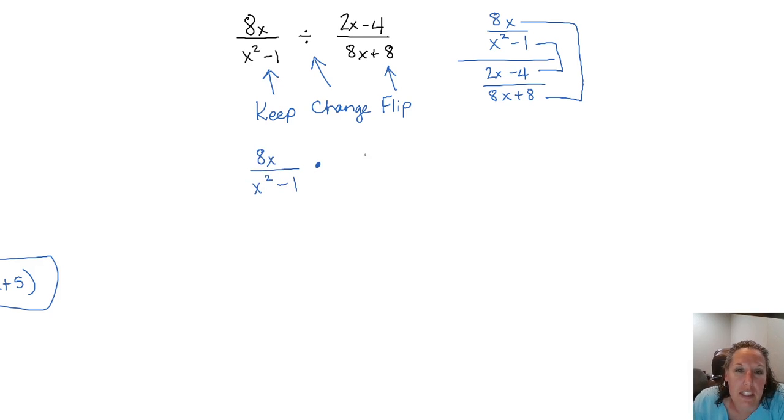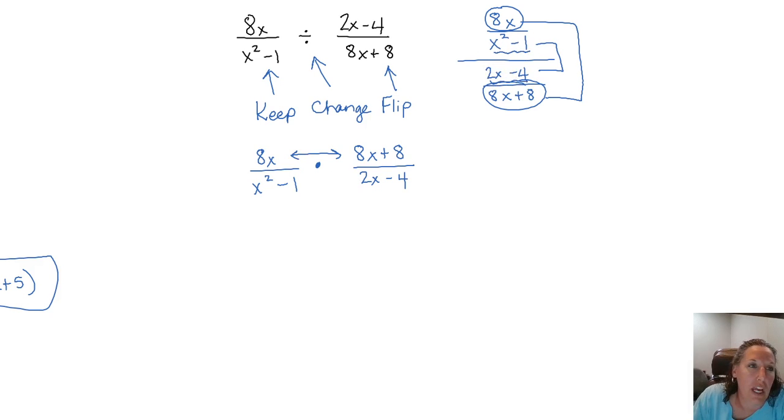So the 8x plus 8 that was in the denominator is now going to be in our numerator, and the 2x minus 4 that was in the numerator is now in the denominator. And you see that if we multiply the outsides together, that's the same thing we're getting on our numerators, and when we multiply those insides together, that's what we're getting on the denominator.